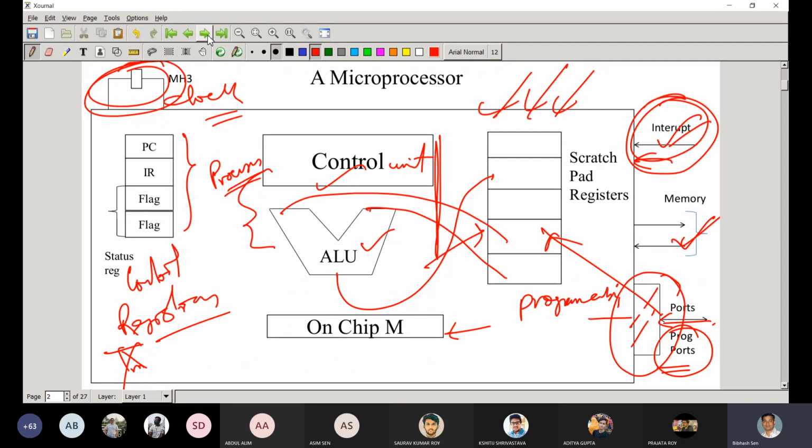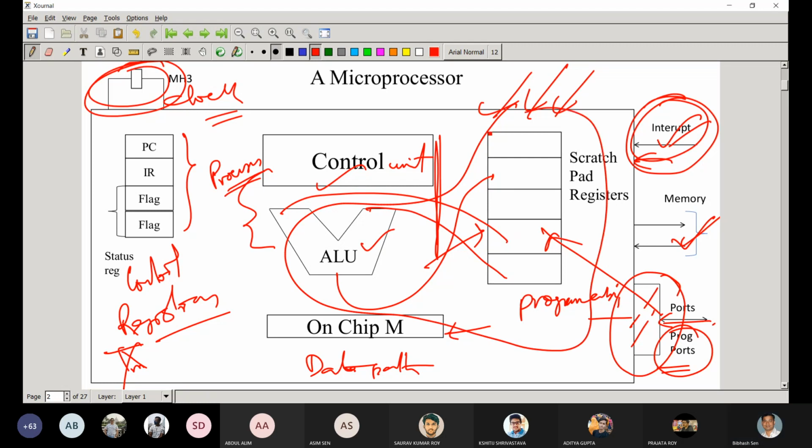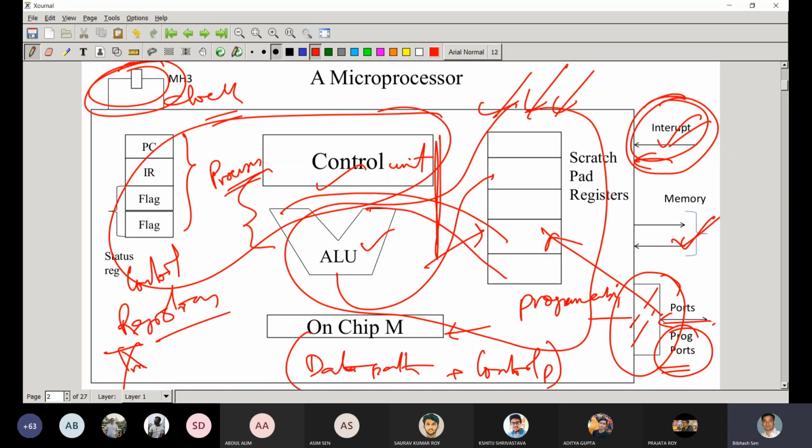From today's class, just remember that for a microprocessor you mostly have to think about the data path, that is our data path concept, and the control path. That is the basic concept of the microprocessors.